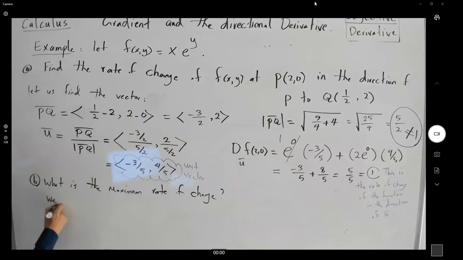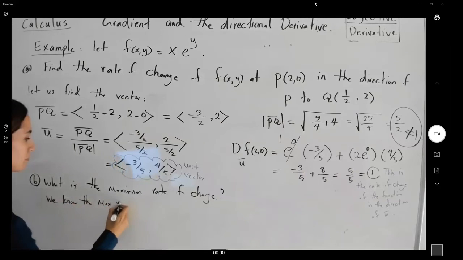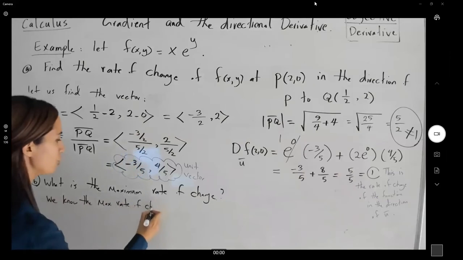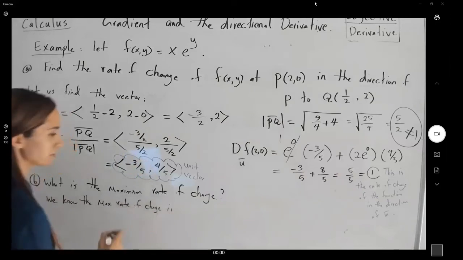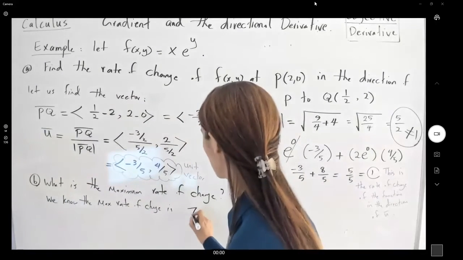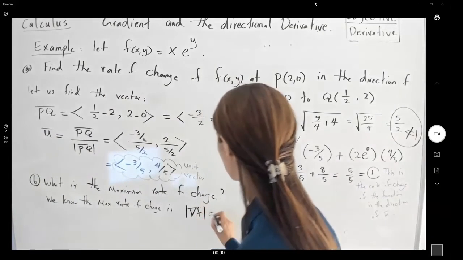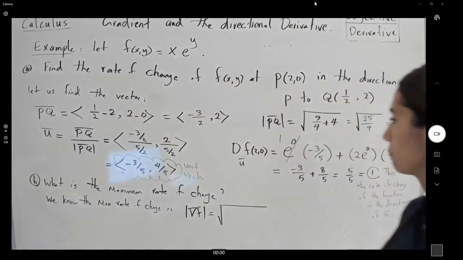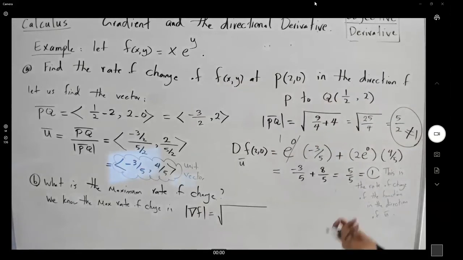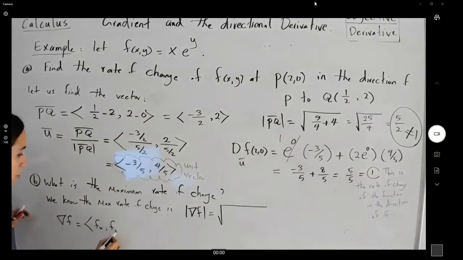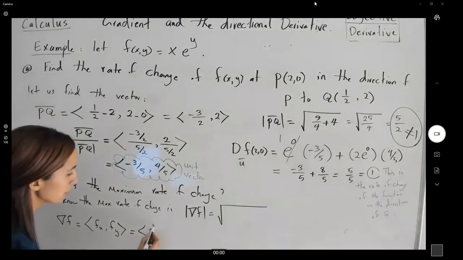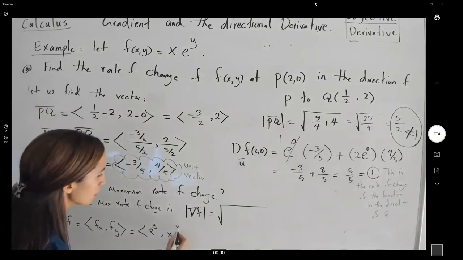We know the maximum rate of change is the magnitude of the gradient of f. Remember that the gradient of f, as we calculated, is equal to (f of x, f of y). My f of x is just e to the y. My f of y is x e to the y.